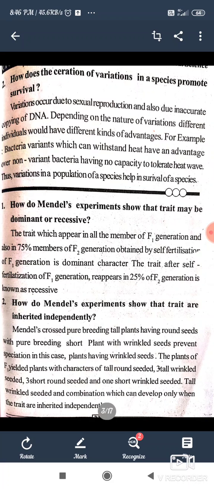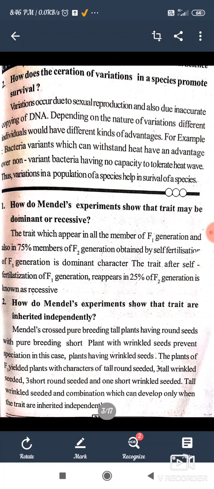For example, bacteria variants which can withstand heat have an advantage over non-variant bacteria having no capacity to tolerate a heat wave. Thus, variations in a population of a species help in survival of the species.